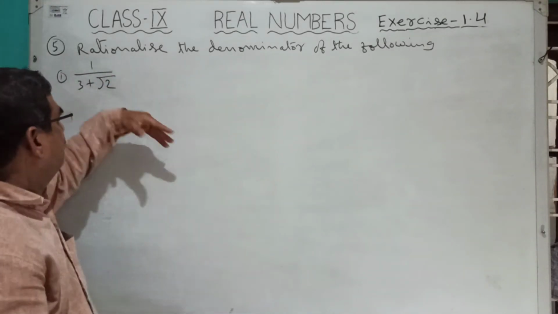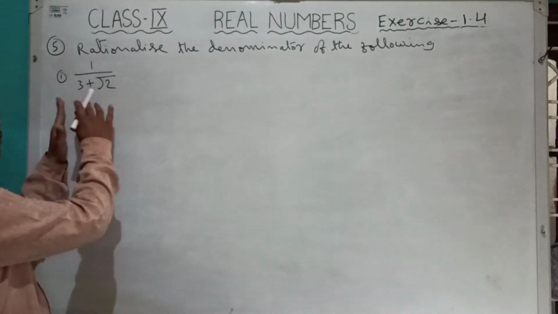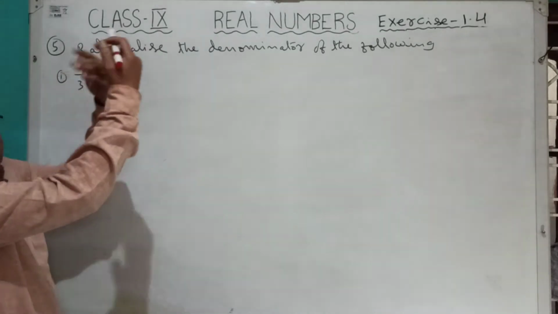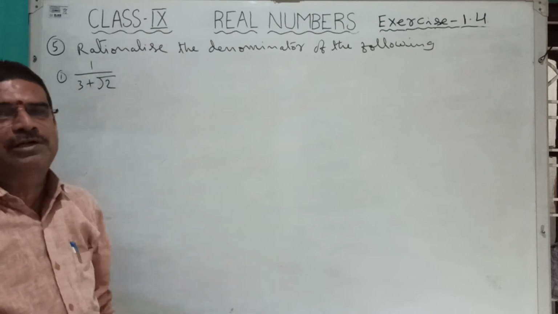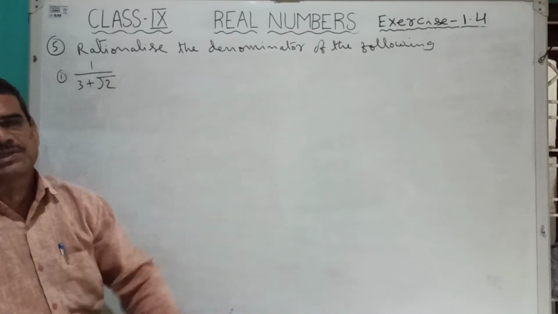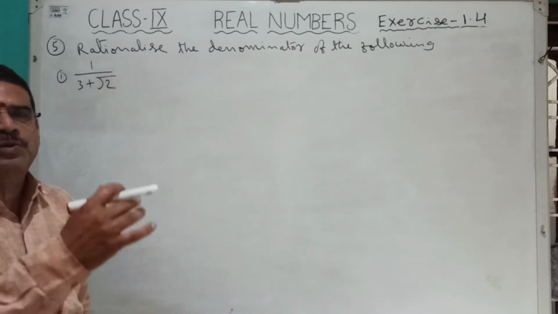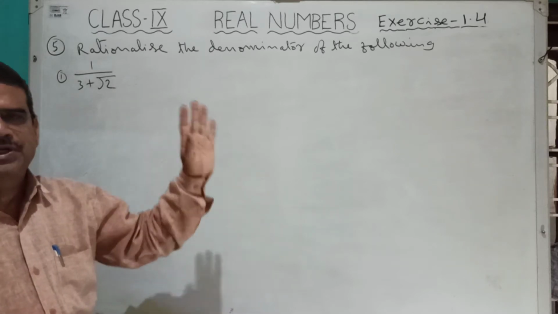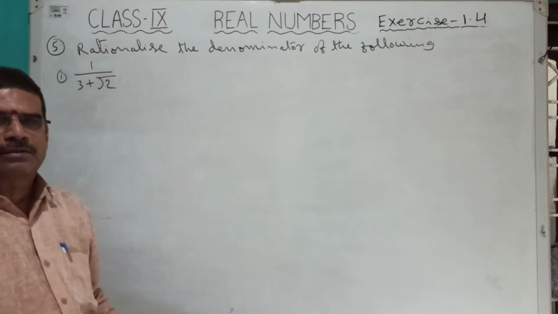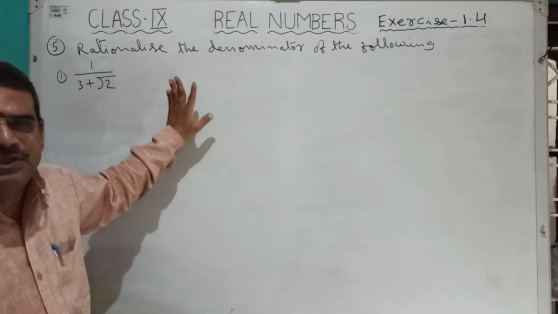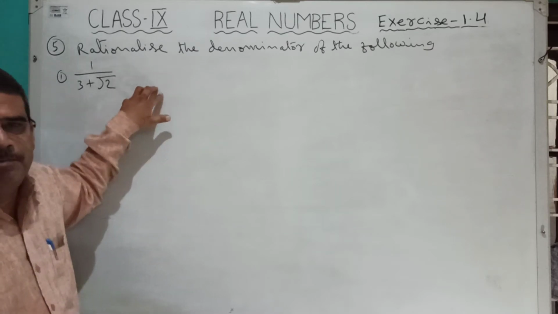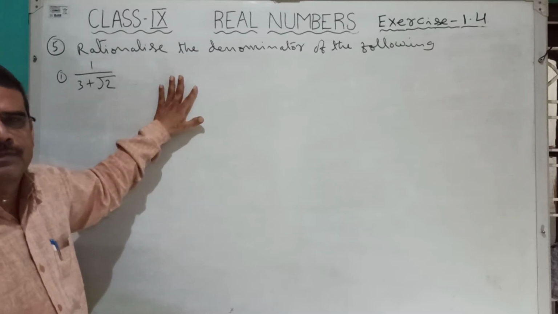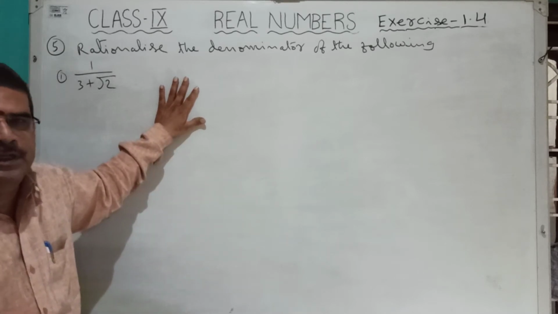So what number do I have to multiply with to get a rational number? Rational number means without root, an integer, an ordinary number. Which formula is helpful here?